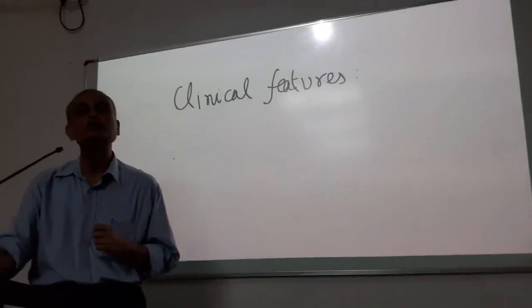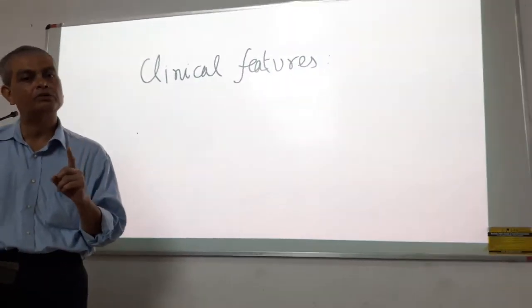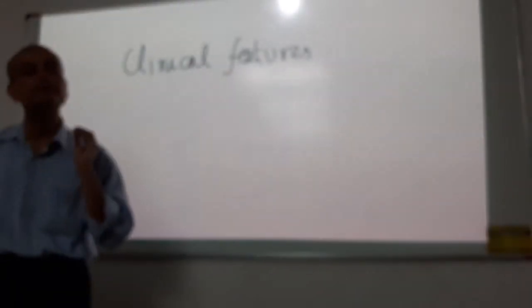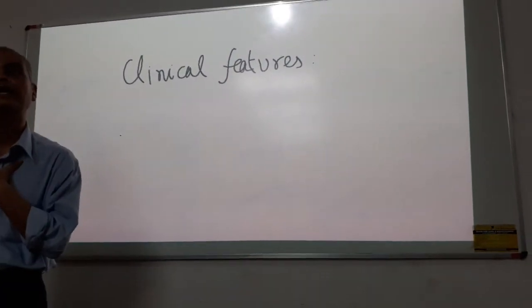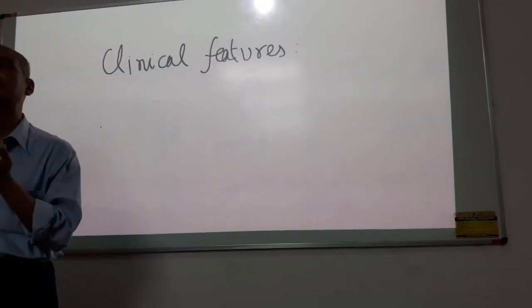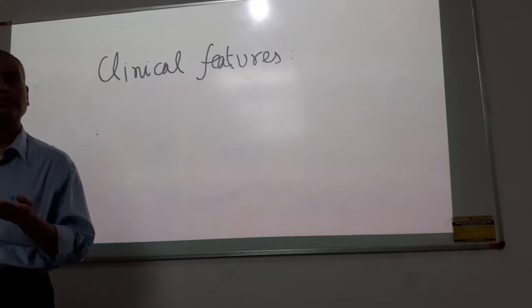Suppose we are thinking about tuberculosis, the etiology is again Mycobacterium tuberculosis. The pathogenesis is some immunological mechanism. The pathology will be there can be formation of a cavity in the lung, and if you take the microscopy you will see that there will be formation of a granulomatous inflammation.